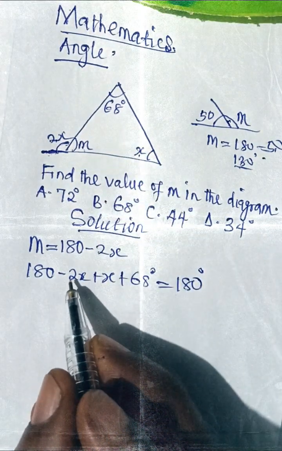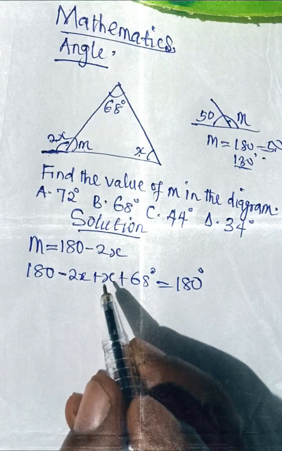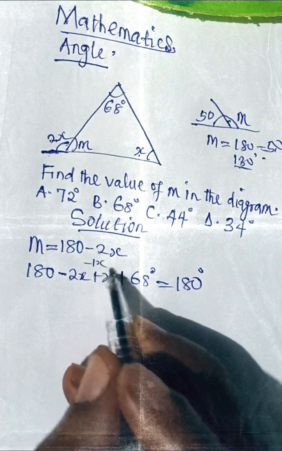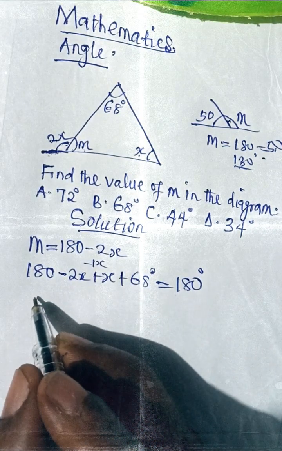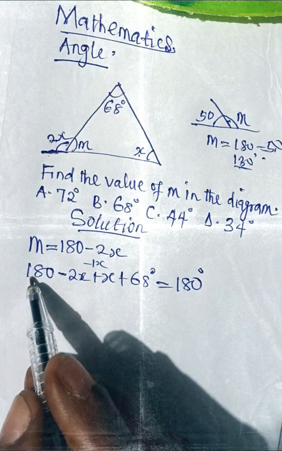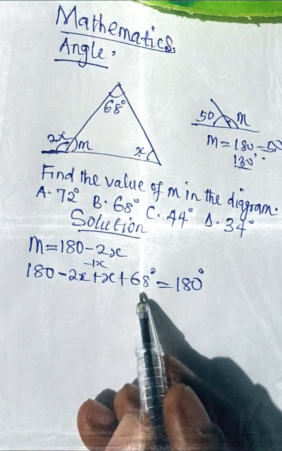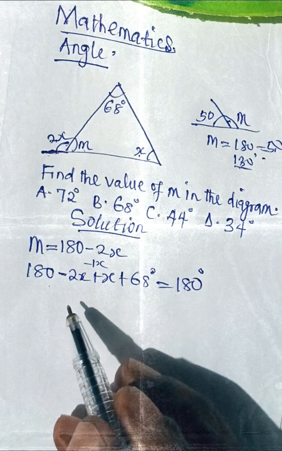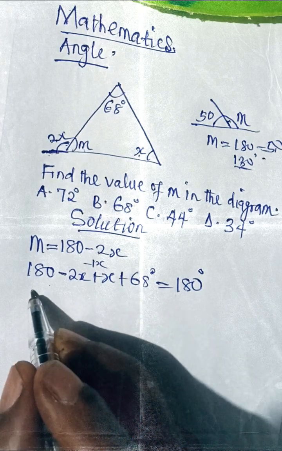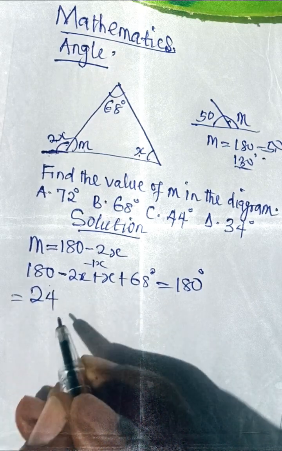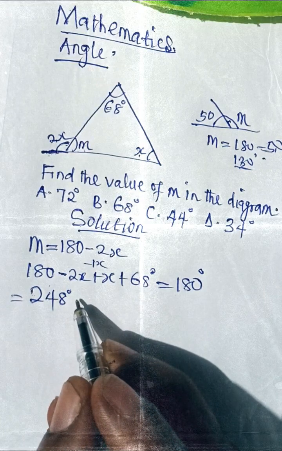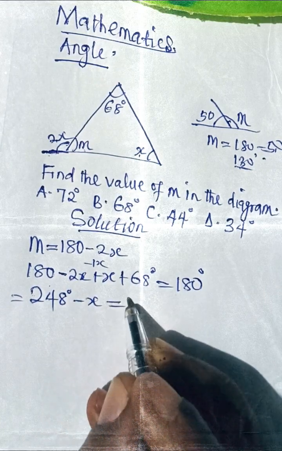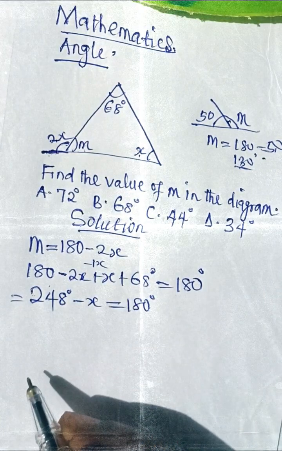All right. Minus 2x plus x is minus x. So 180 plus 68 will give us 248. So I will write 248 degrees minus x equals 180 degrees.